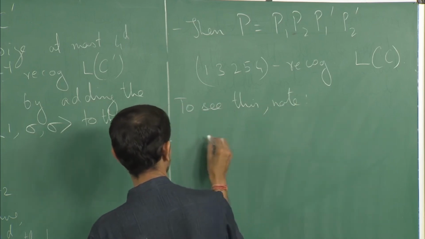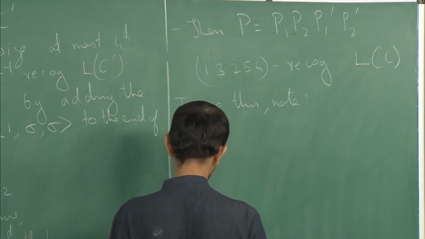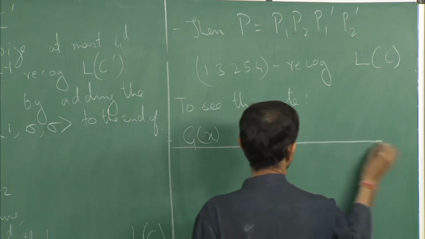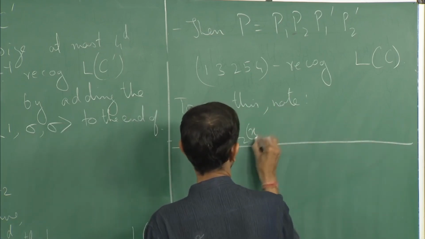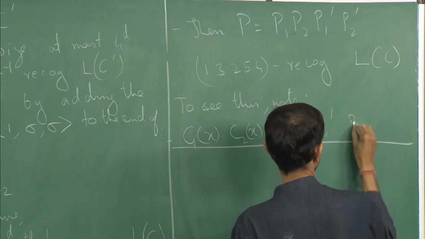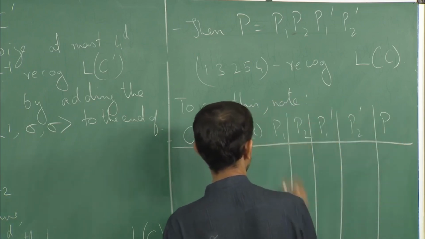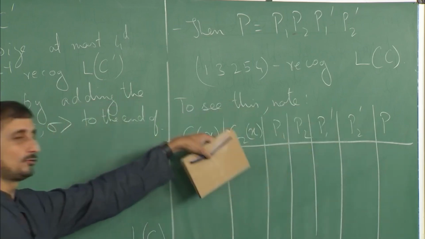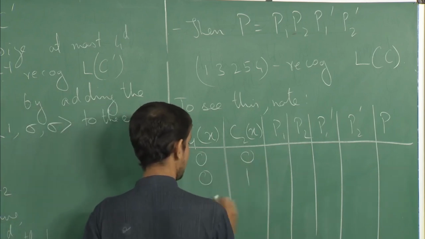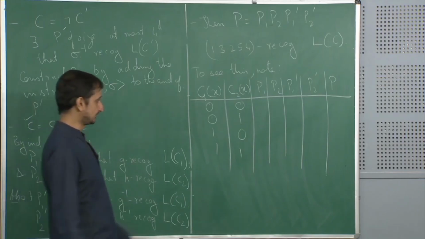We have C1 on X, C2 on X, P1, P2, P1 prime, P2 prime and P. C1 and C2 on X can have any of the following outputs: 0, 0; 0, 1; 1, 0; and 1, 1. These are the 4 outputs for C1 and C2.